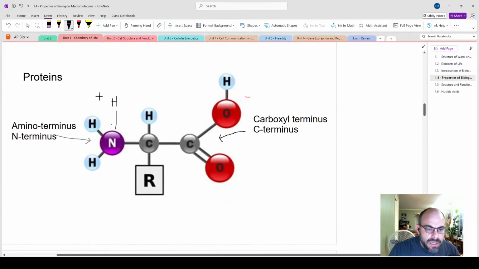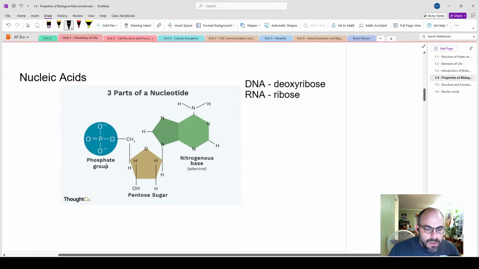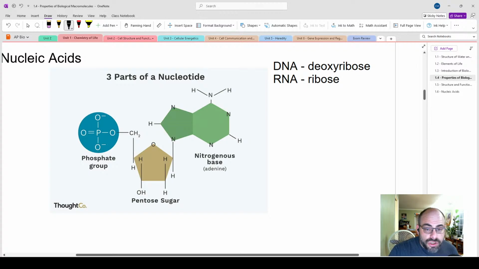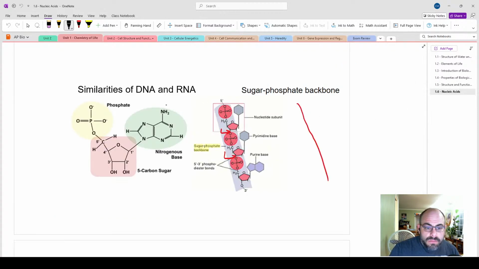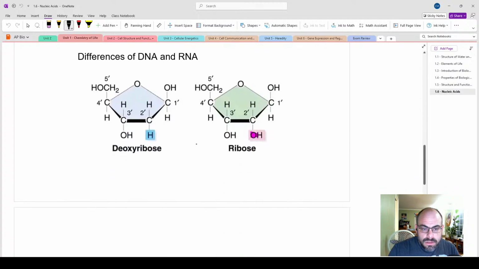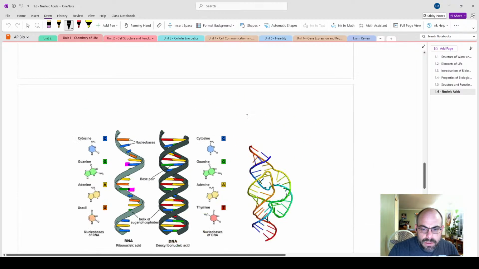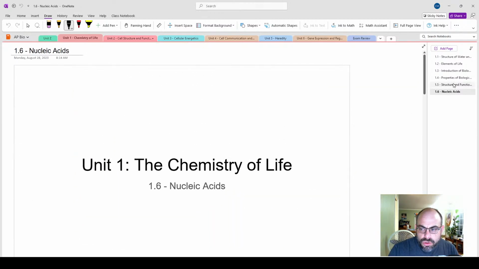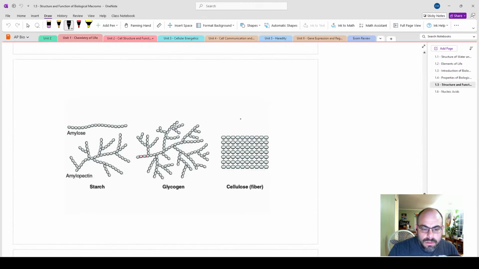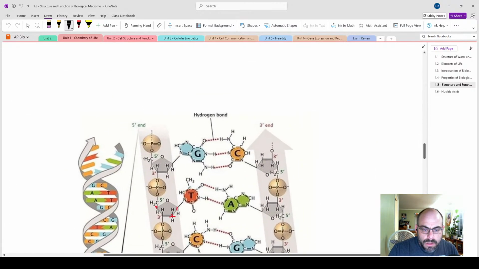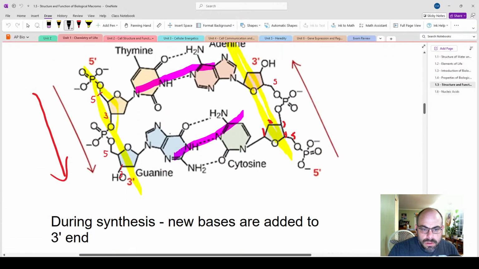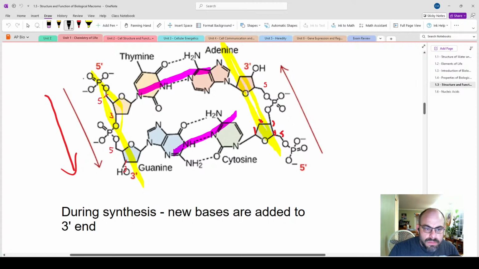And then nucleic acids is next. Nucleic acids always have this particular shape to them. They always look the same. You have this PO4, this phosphate, a 5 carbon sugar, 1, 2, 3, 4, 5, and this nitrogenous base.